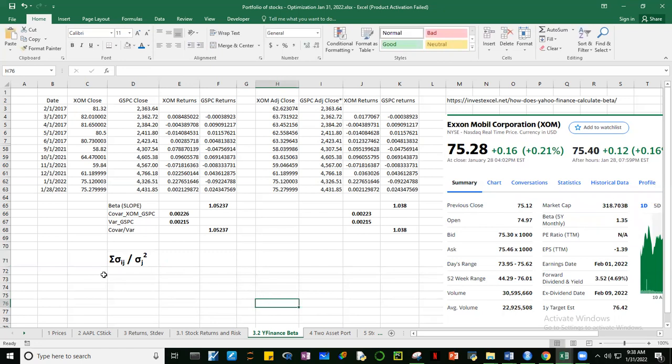Sorry about this. Why is there a summation here? The slope, guys, can also be computed via this formula.